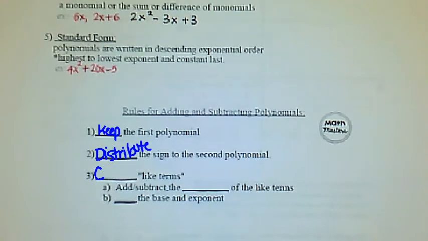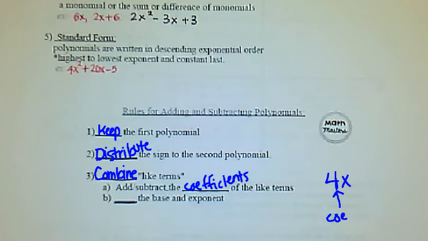Then we are going to combine like terms. Basically, like variables with like variables. We're going to add or subtract the coefficients. Remember, if we have 4x, this is the coefficient.